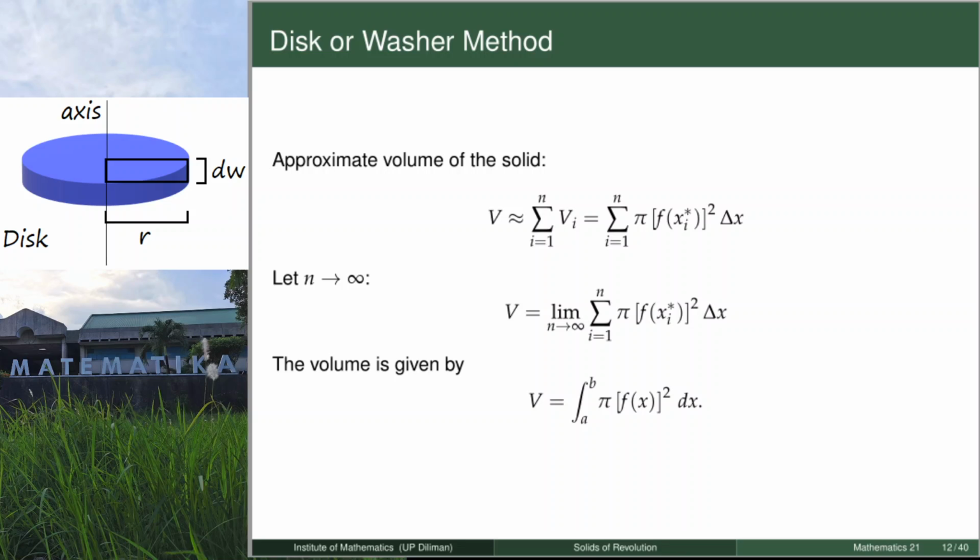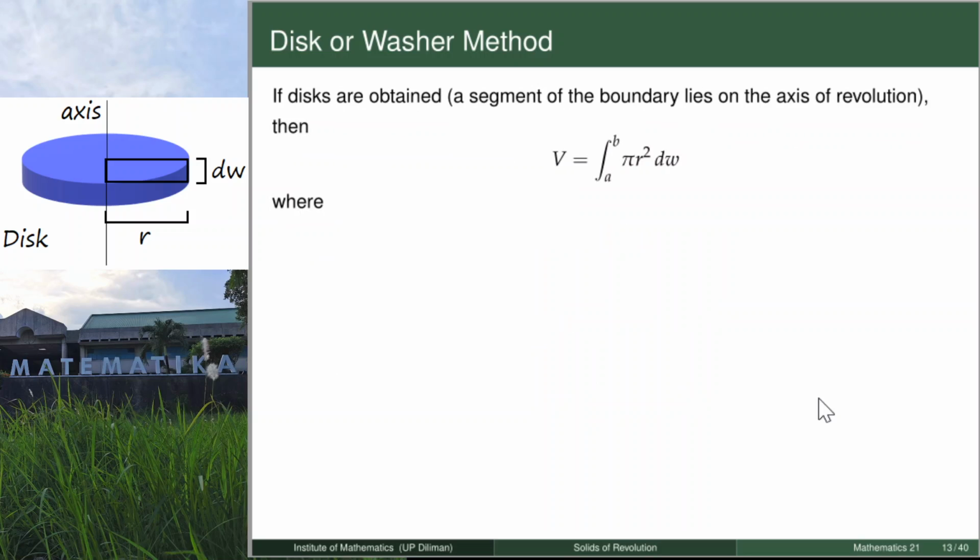So, in general, if disks are obtained, meaning one of the boundary curves has a segment that lies on the axis of revolution, then the volume will be just this formula. Okay?